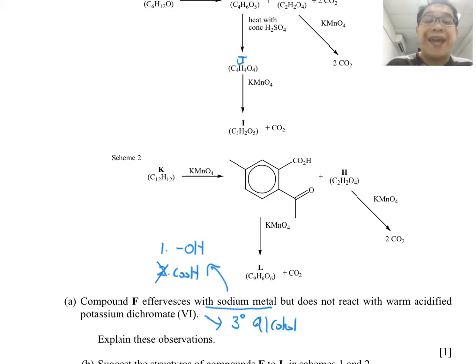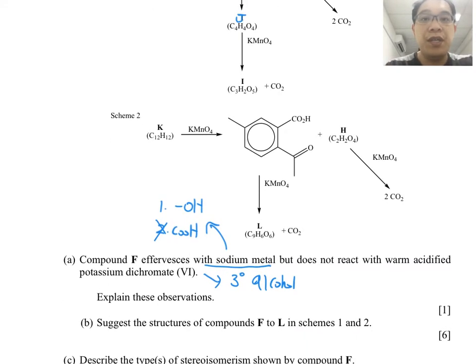So right now we're going to explain this observation. I think we basically explained already, so let me write down the key points. The first thing we can deduce is that there is a presence of a tertiary, or what we call a third degree alcohol. Why are we so sure it is a third degree alcohol? First, it can react with sodium metal, and what does it give you?